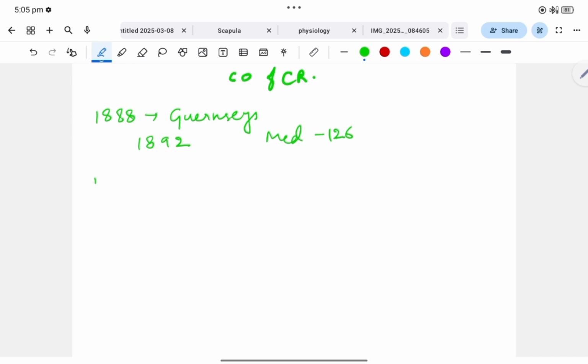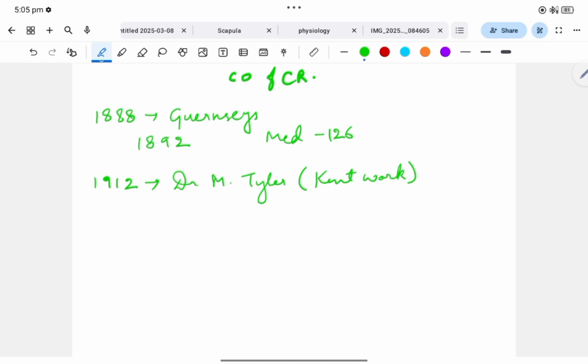Then second came in the year 1912 by Dr. M. Tyler and it was based on Kent's work.